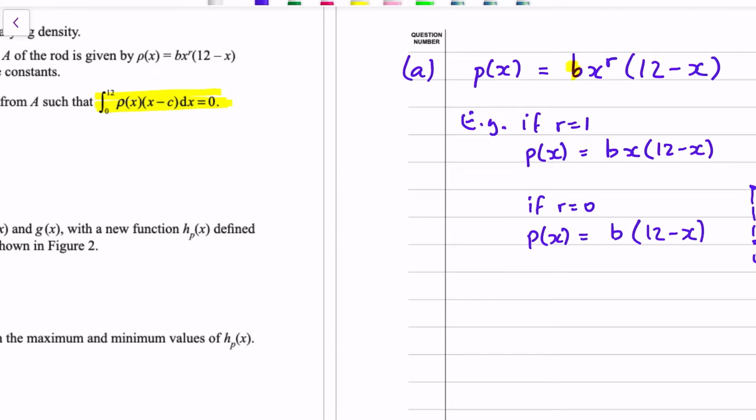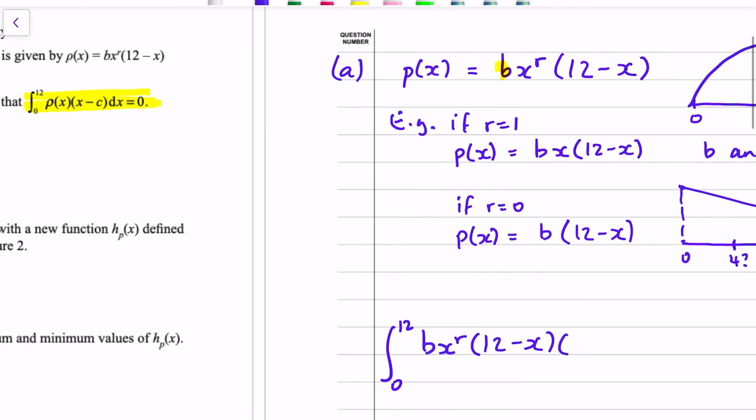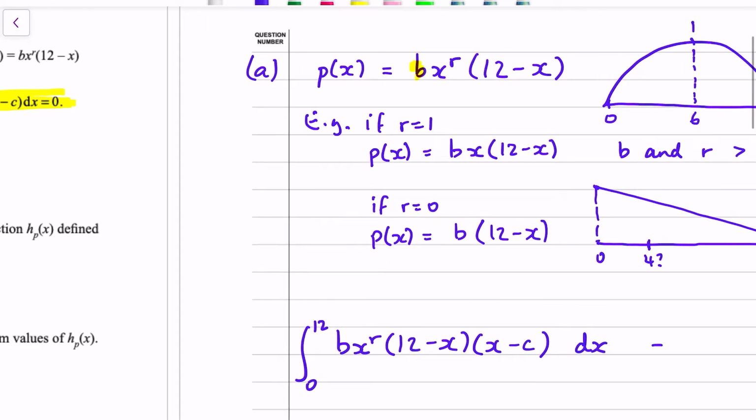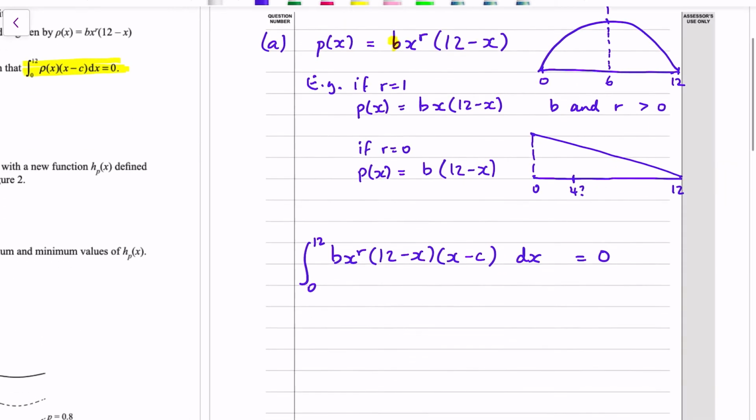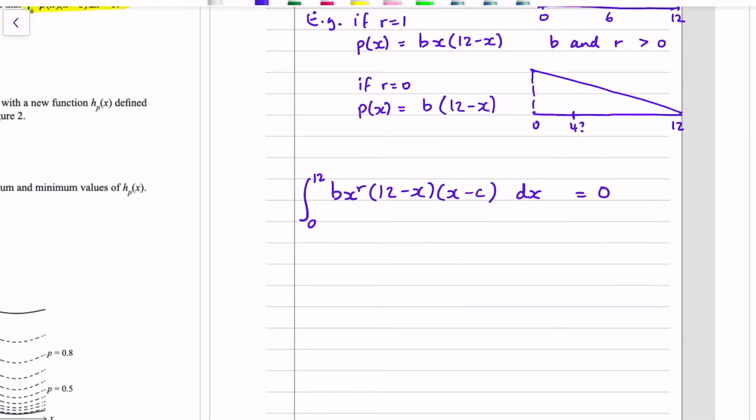But in an exam you don't have time to think about that, so let's just go integral between 0 and 12 of the density function which we're given, multiplied by (x minus c), where c is a constant we're trying to find, and this integral must equal 0. What we're integrating here is just a polynomial.